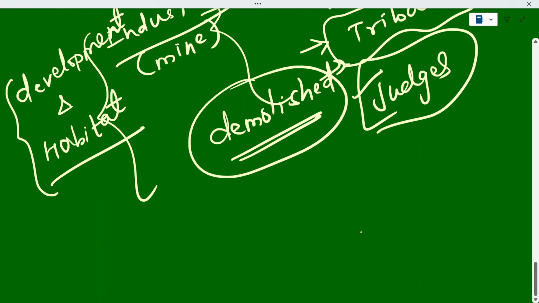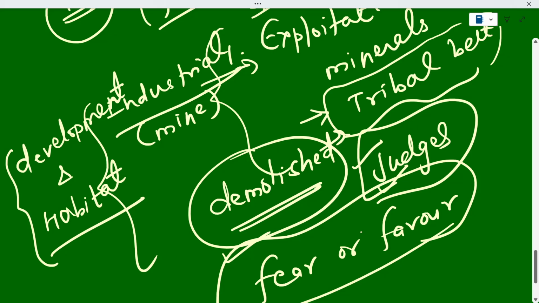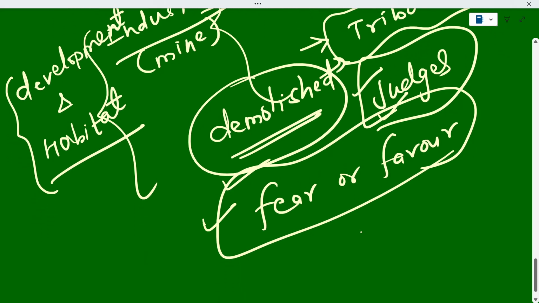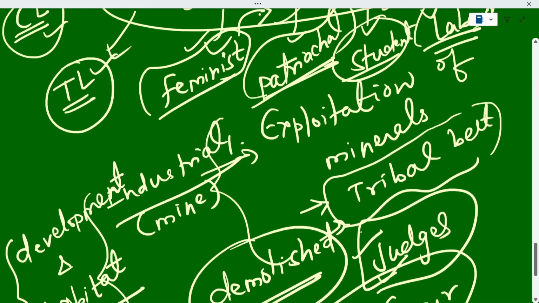So here the fear or favor dimension cannot be ruled out. The possibility of influencing by fear or favor is there, and to rule out any such possibility or expectation, it is better that the legislature should not be involved in the process as well.